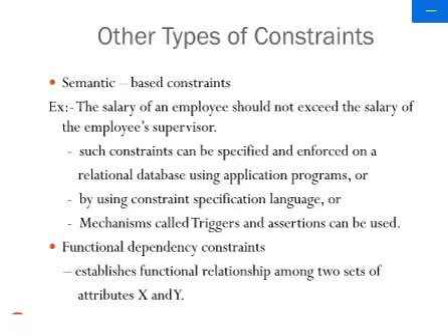For example, if you take department, department number is one candidate key, department name is another candidate key. Individually, they both have the uniqueness property. I'm not saying combination, individually.